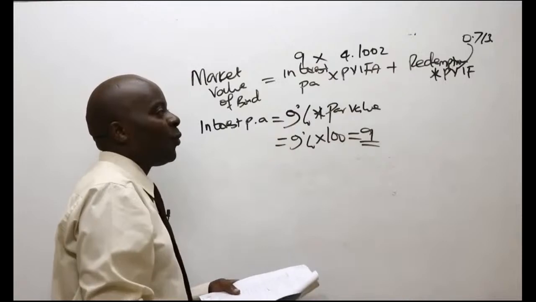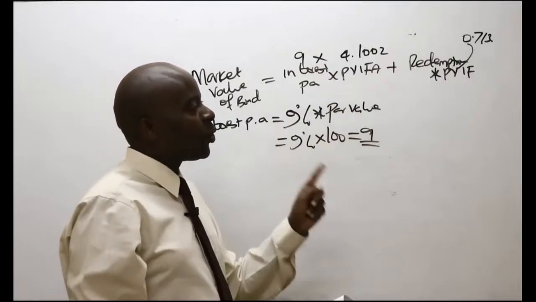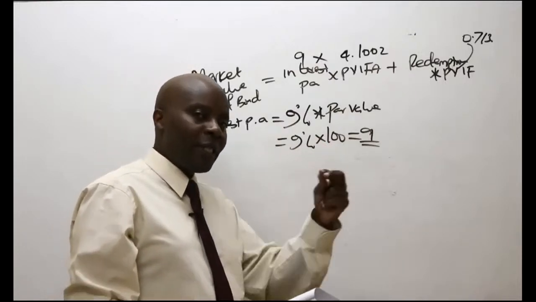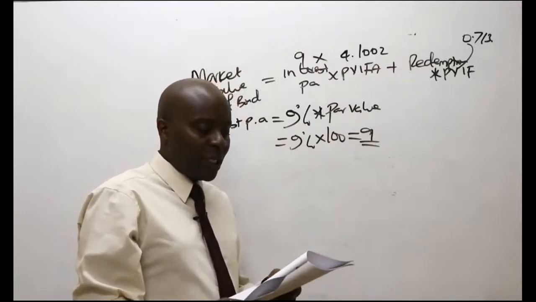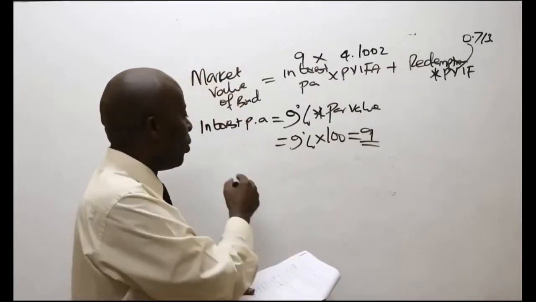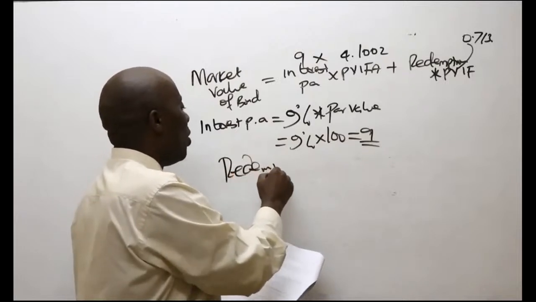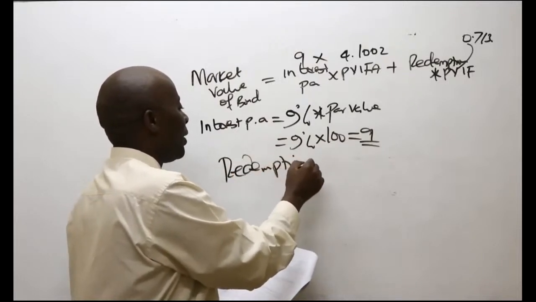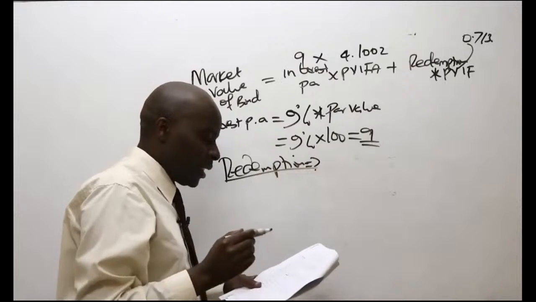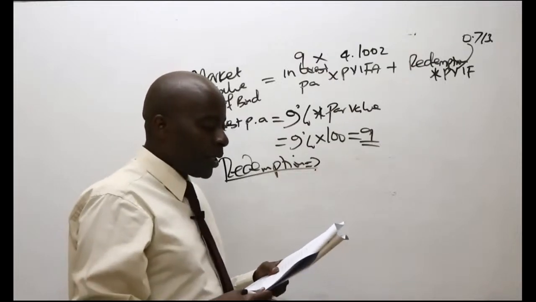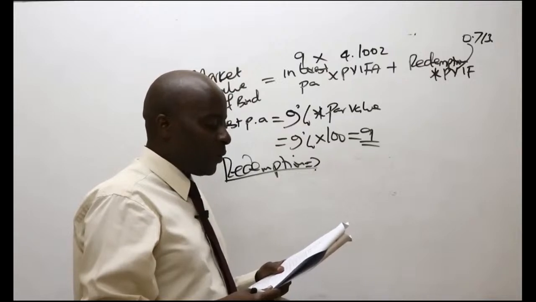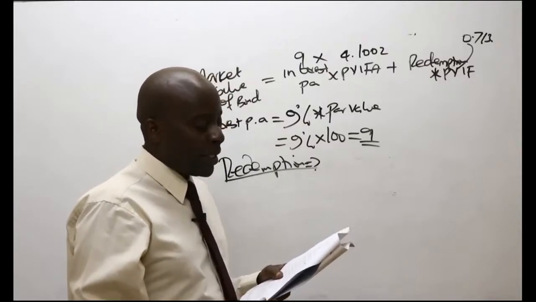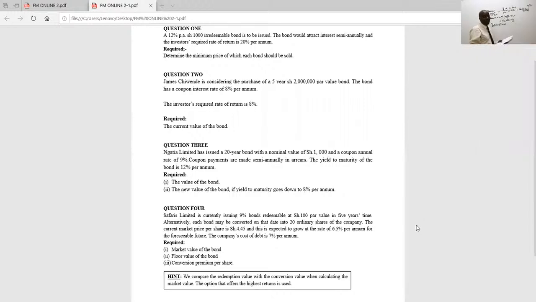Now we are left with the redemption value. And unfortunately, this is a convertible bond, a bond that has got a conversion element. I'm now looking for the redemption. They are telling me that alternatively, each bond may be converted on that date into 20 ordinary shares of the company.